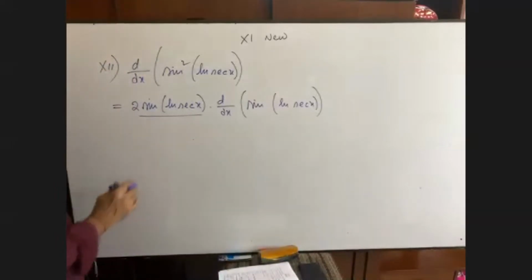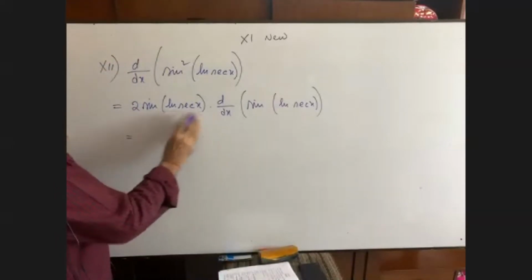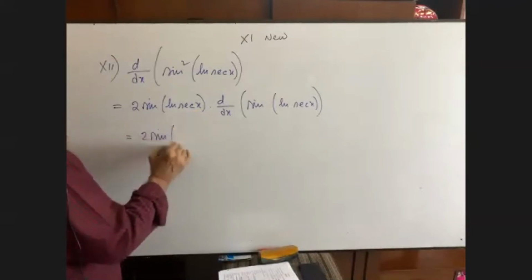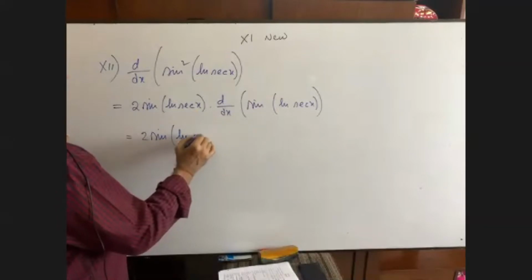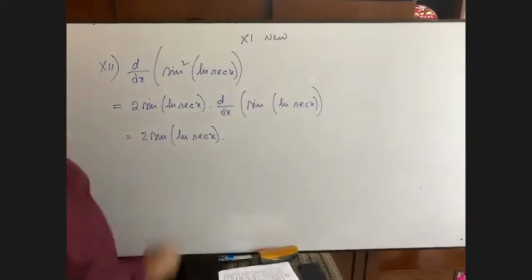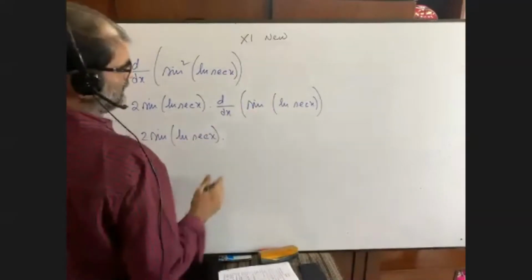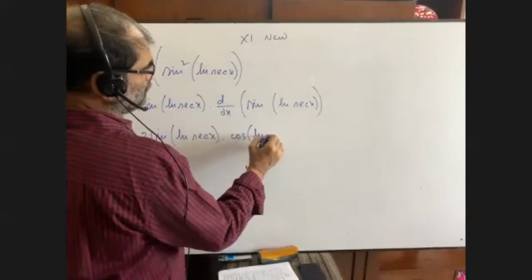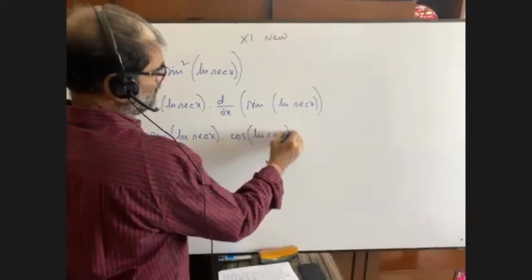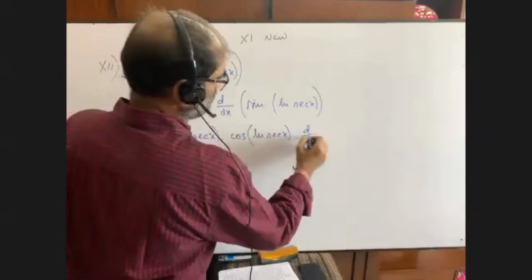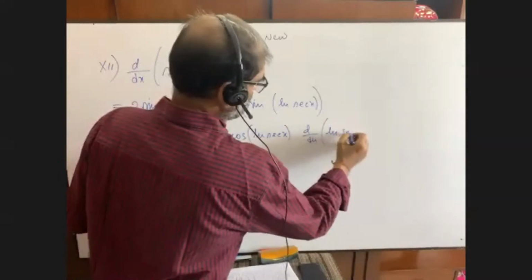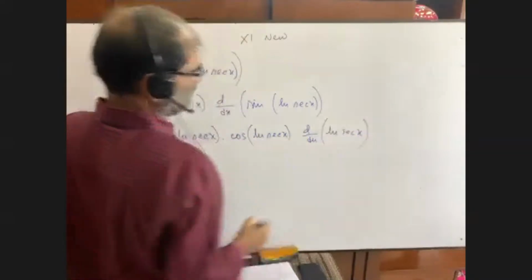Now you see, 2 sine ln sec x. Let theta be ln sec x. What is sine theta? Cos theta. Then d by dx of ln sec x, right?